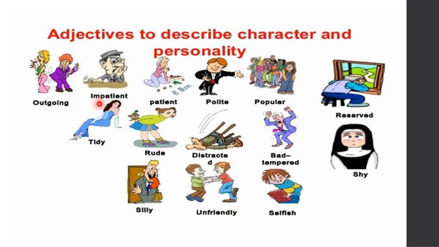What else? We have impatient. Okay. Take a look at this man. Okay. It seems that he's not in a good mood, right? Okay. You can describe him as impatient.